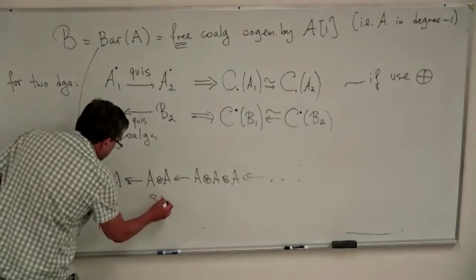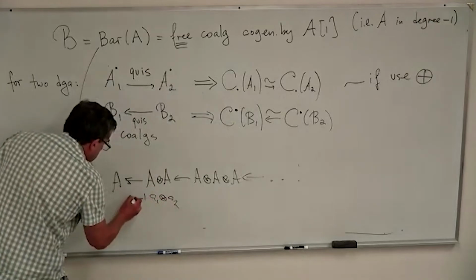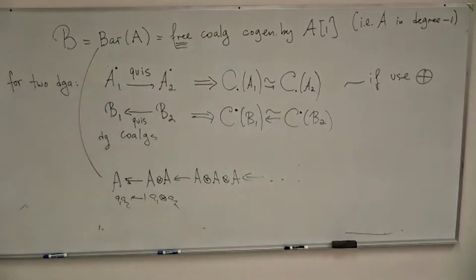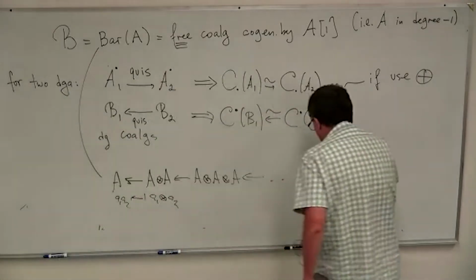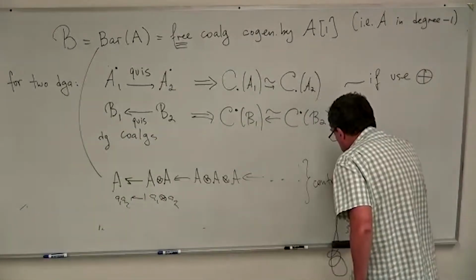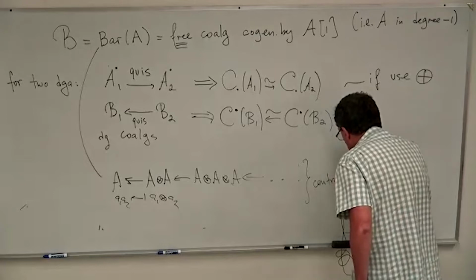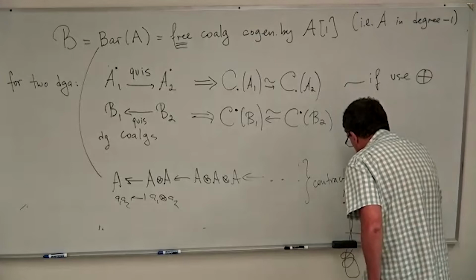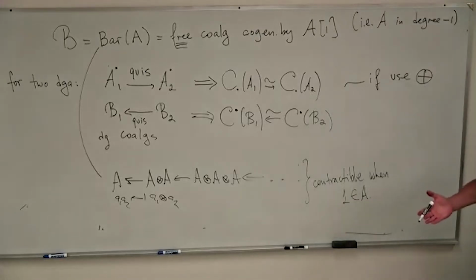So for example here, and the co-multiplication will be just cutting the word in two. So for example, it's cyclic or contractible when one is in A.